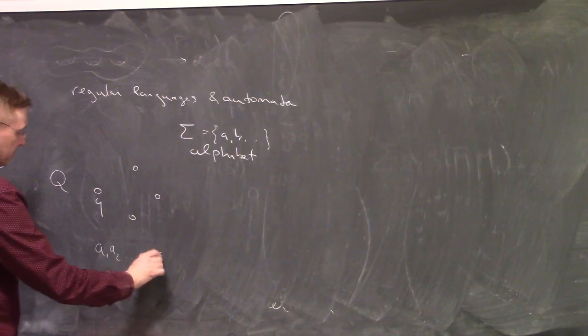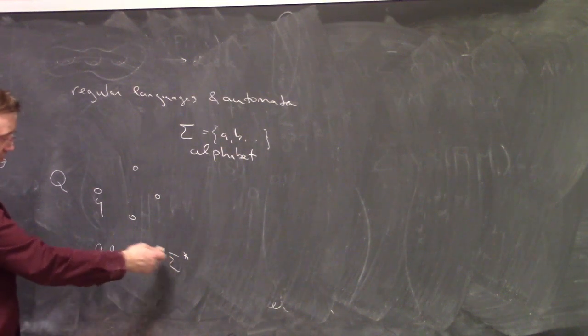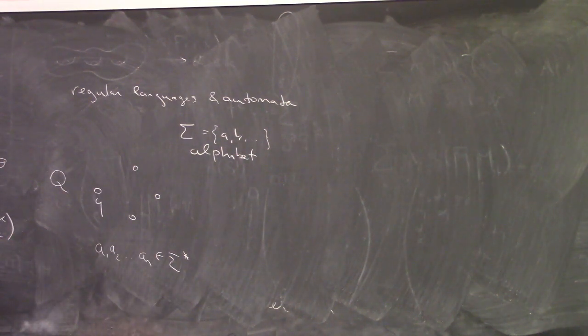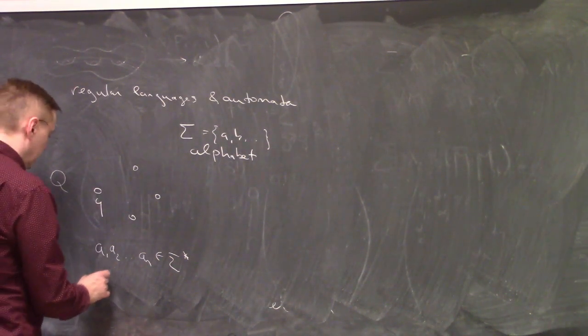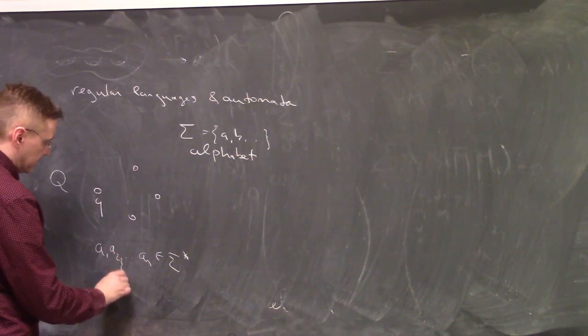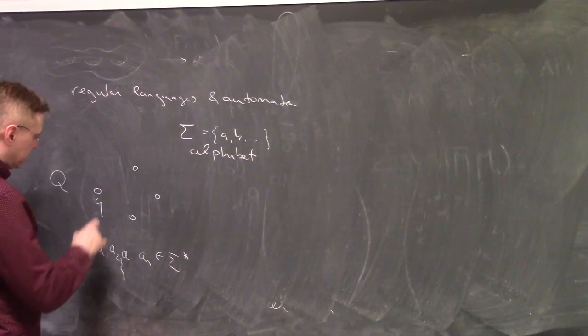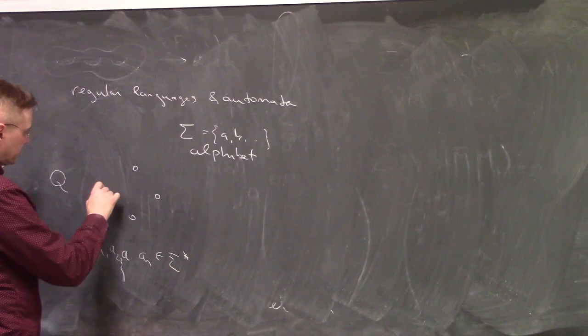This word is an element of the free monoid generated by sigma, the monoid of words in letters in sigma. As you read each letter, you go from state to state. Let's say at some point you're in the middle of the word, and the next letter is A. So you have several possibilities.